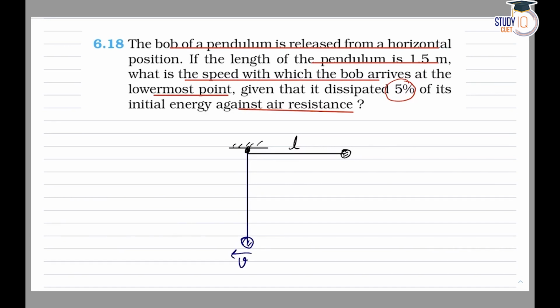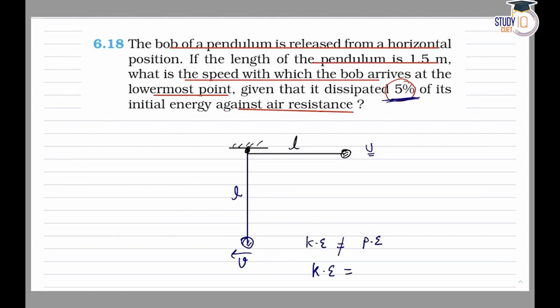Initially the particle has potential energy U, and this loss in potential energy gets converted into kinetic energy. It is saying that complete potential energy is not converted into kinetic energy as a 5% loss is there. So the kinetic energy is not equal to the complete potential energy, but it is less than the potential energy by 5%.